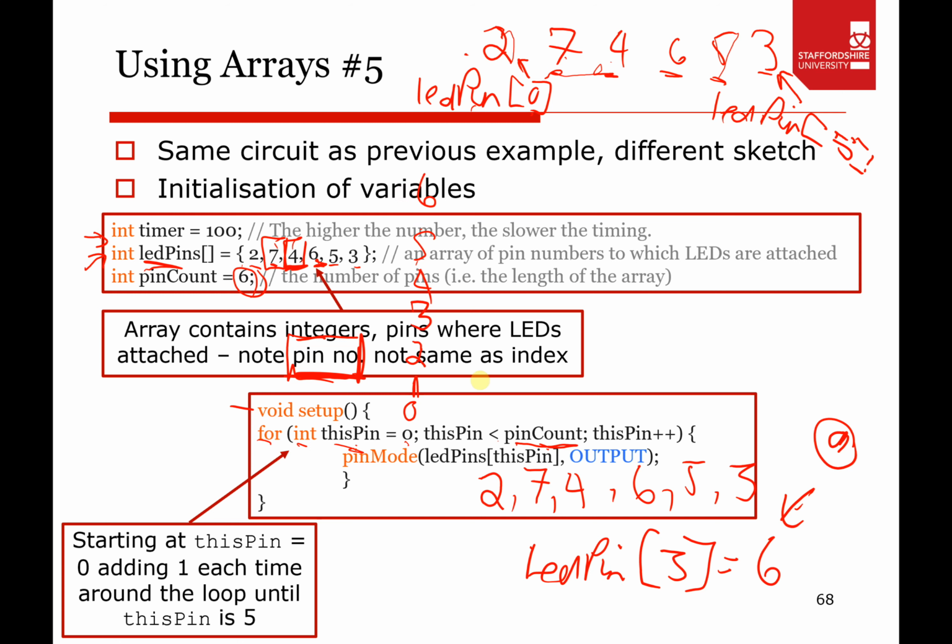So when we got to 6, this condition would not be true anymore. So starting at this pin equals 0 and adding 1 each time around the loop until this pin is 5, we would then set the pins 2, 7, 4, 6, 5, 3 to outputs. Not in the logical order, but the order that we've set in the LED.